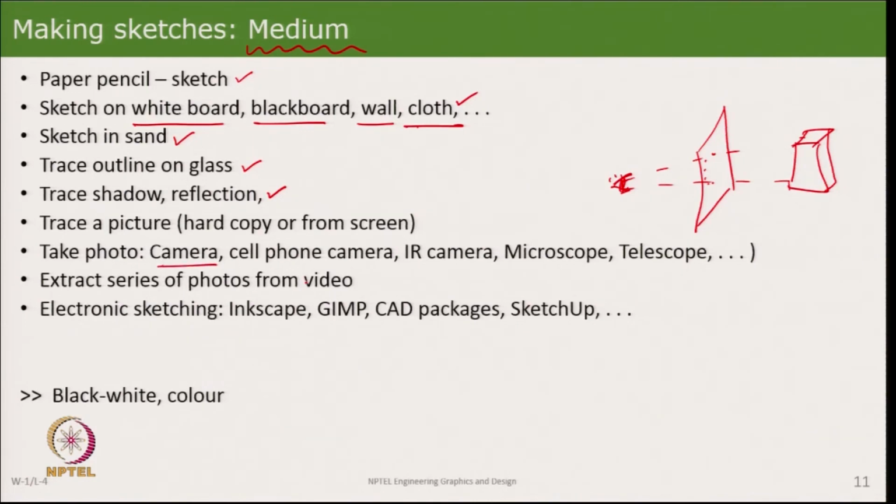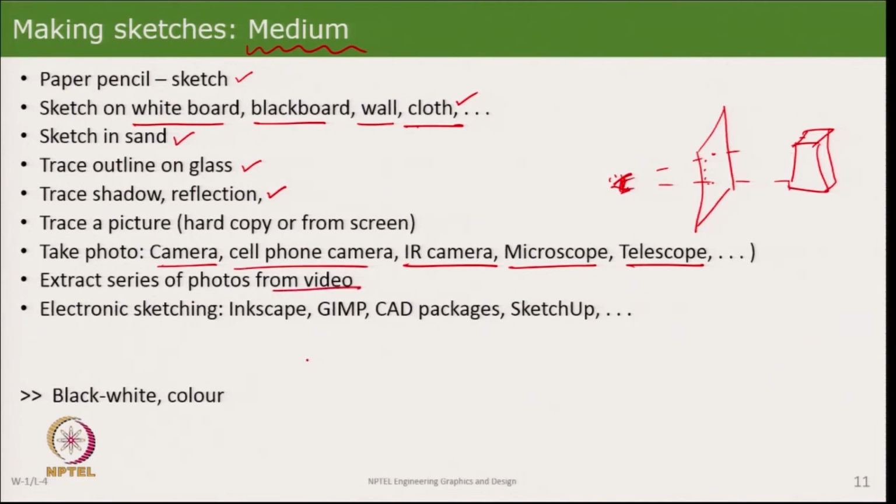So, that is what we took, a camera or a cell phone camera, that gives you a visual drawing. Much more exciting things happen when you look at an infrared camera. It gives you a pictorial representation of the temperatures on a surface. Microscopes and telescopes, they show you a world which is not visible to the eye at all. So, you get a lot of exciting ways of making a picture.